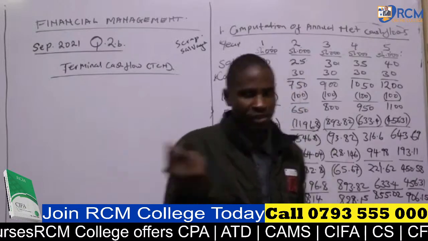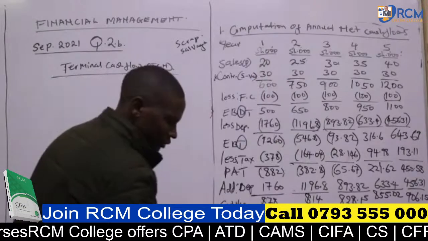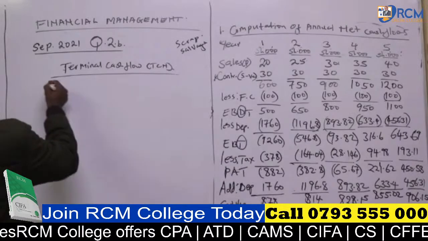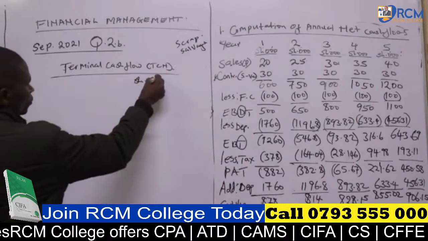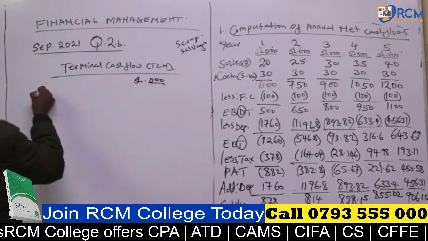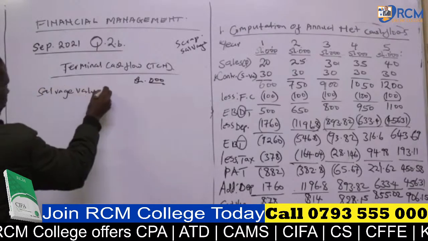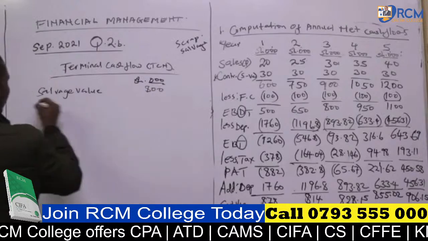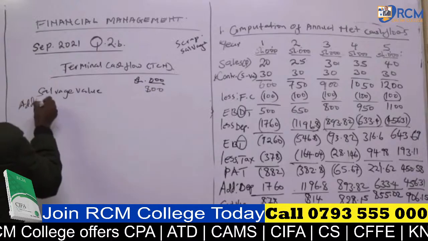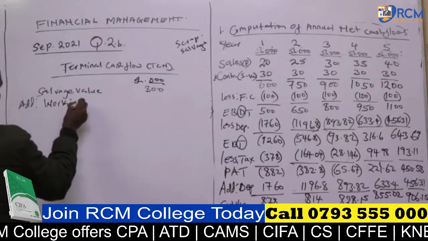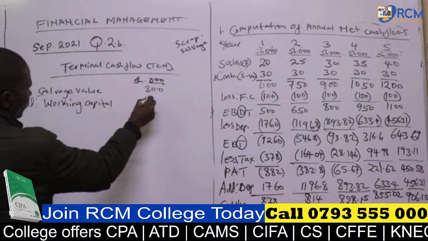Was it Mary? I think so. So, terminal cash flow, shillings are in 1,000. So we have the salvage value, rahisi kabisa 800. Then add the working capital, tulipata 1,000.